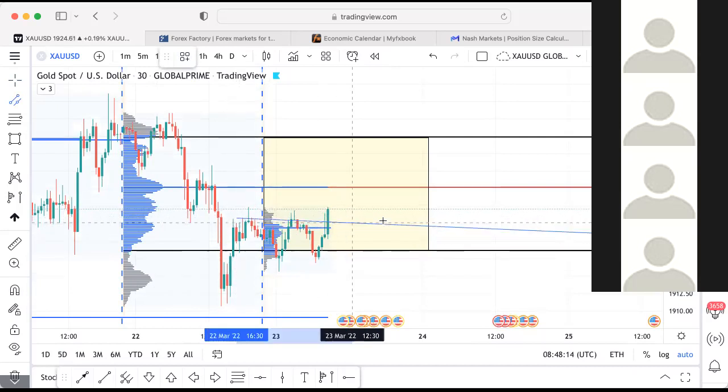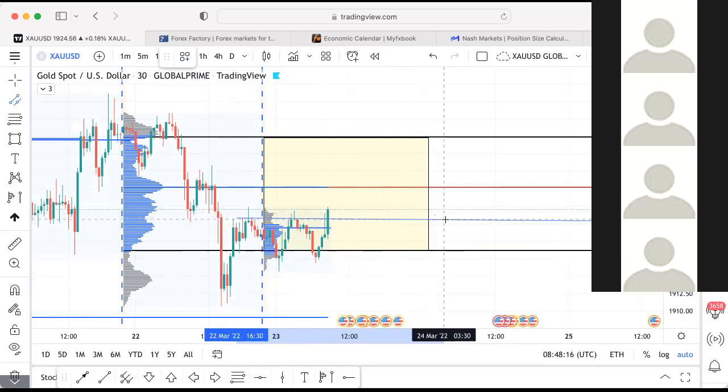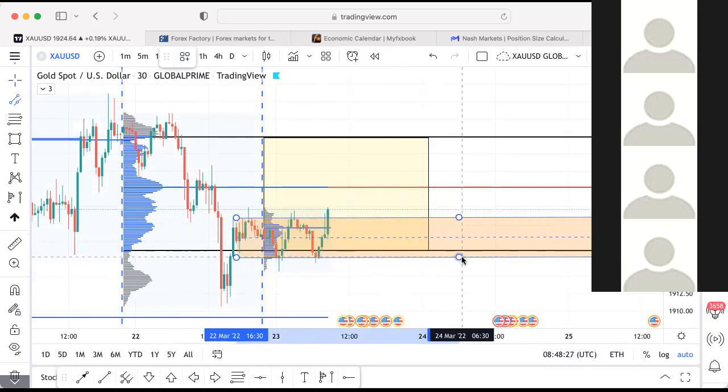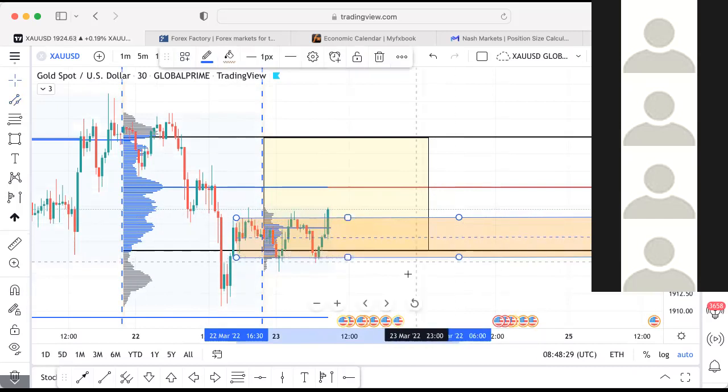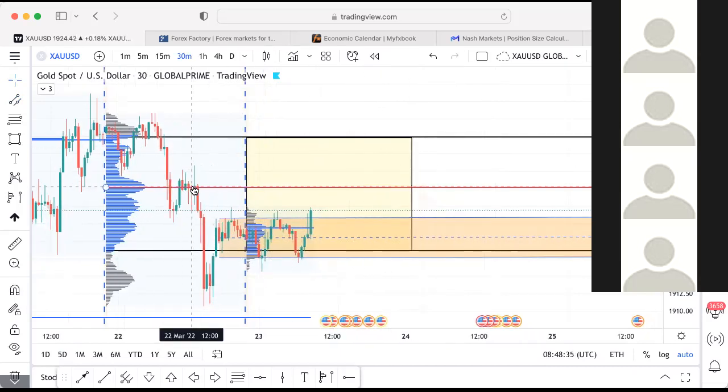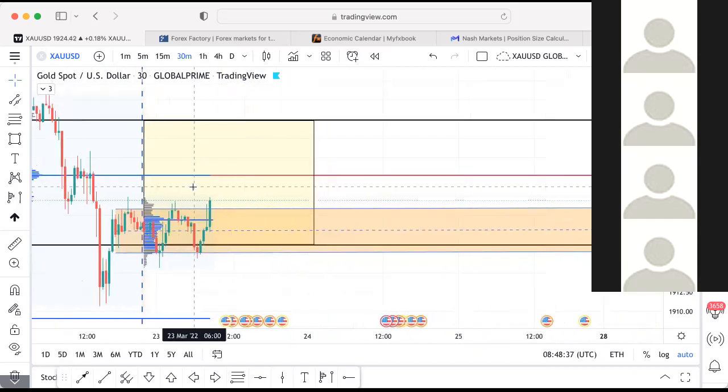And if I take it across and try and keep it horizontal, and then drag it down to the bottom of that same candle. Okay, that'll do for starters. Again, it's just visually focusing my attention on an area of consolidation.